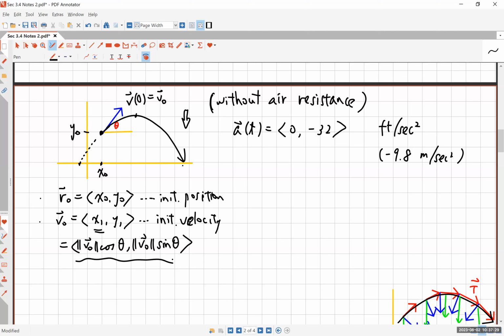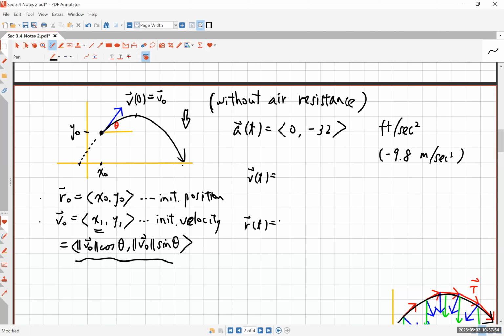So what I want you to do is use this information, whatever is given here, and the fact that the acceleration is 0, -32, to find the velocity and the position function, just like we had before. Try to do that. I'm going to give you a pause for a moment.